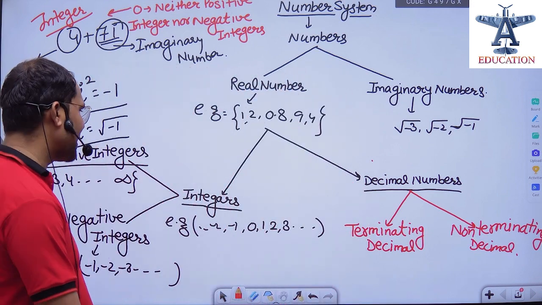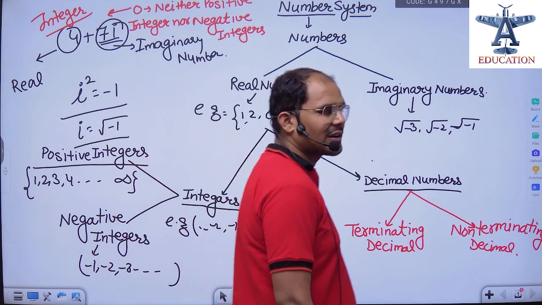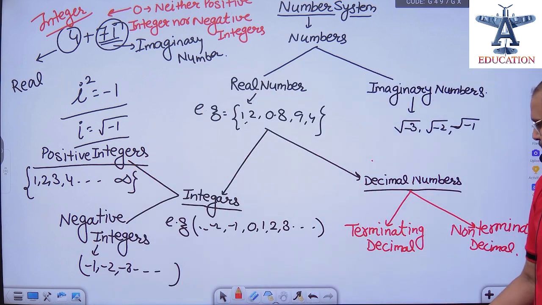First one is terminating decimal, and second one is non-terminating decimal. Decimals are divided into two parts: terminating decimal and non-terminating decimal. Okay.